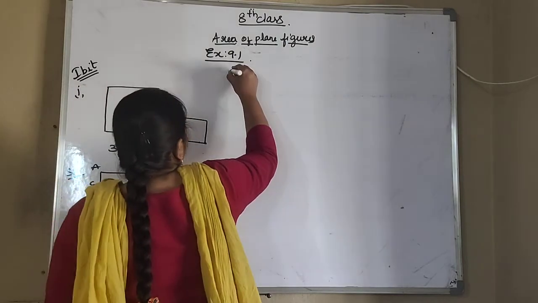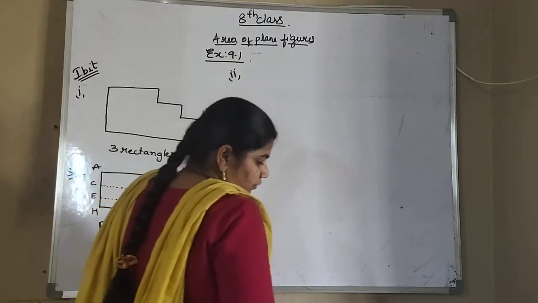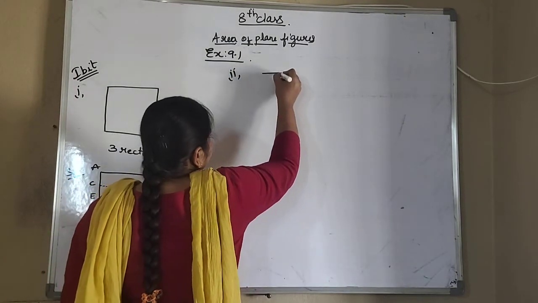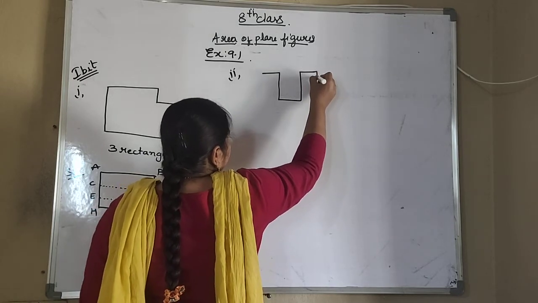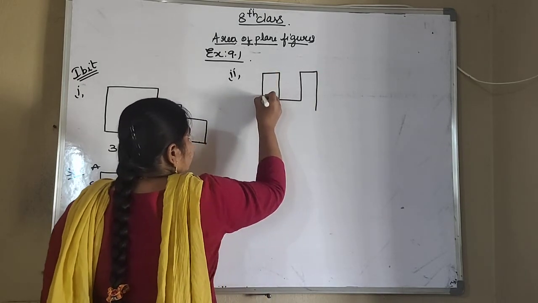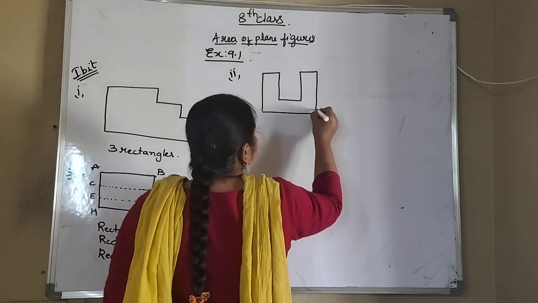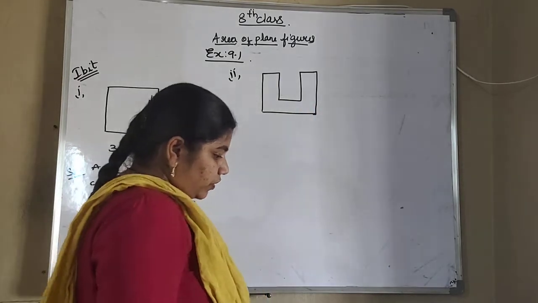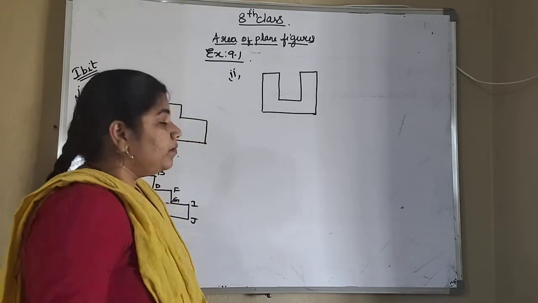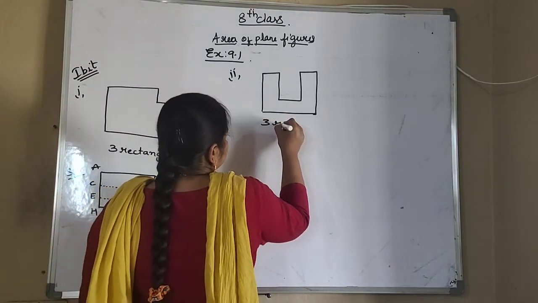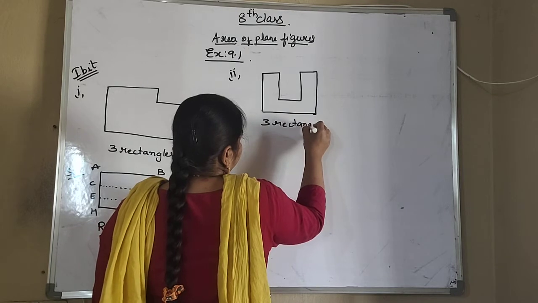So the second figure, you see. The second figure is in this order. We have to divide this figure in the form of three rectangles. So this also we have to divide in the form of three rectangles.